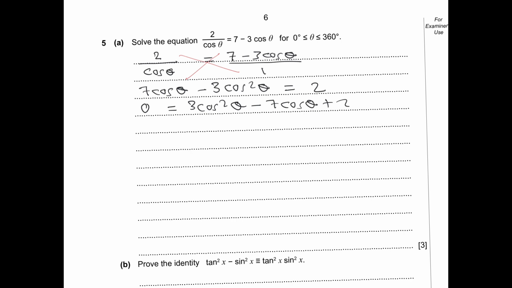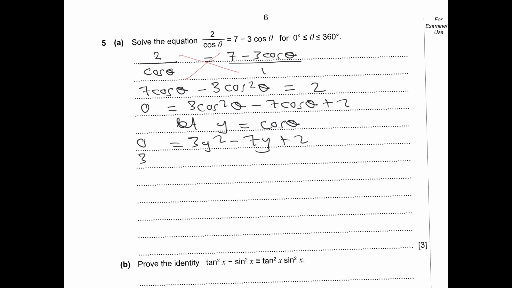So we have that equation, which you can see is a disguised quadratic equation in trigonometric form. So if we make the substitution, let y be equal to cos theta, we are going to have 0 is equal to 3y squared minus 7y plus 2.